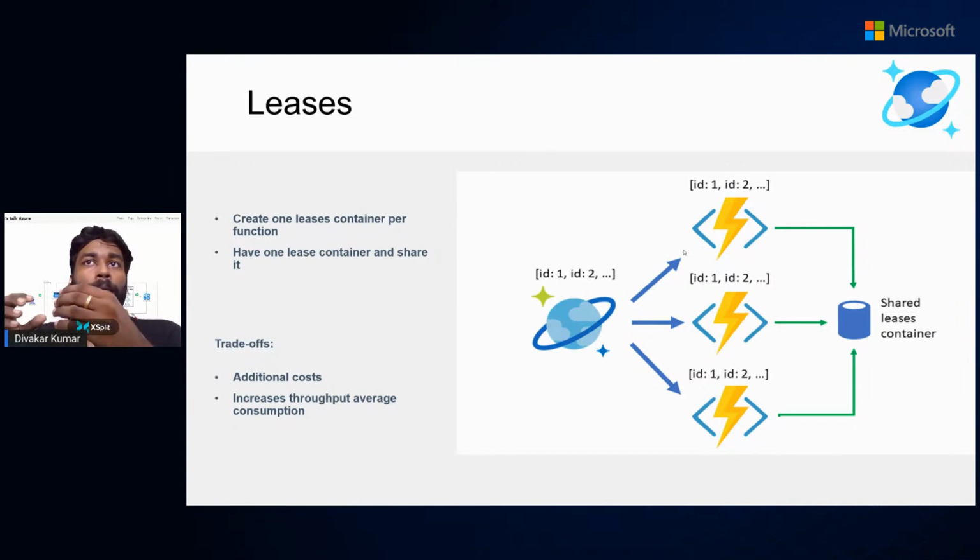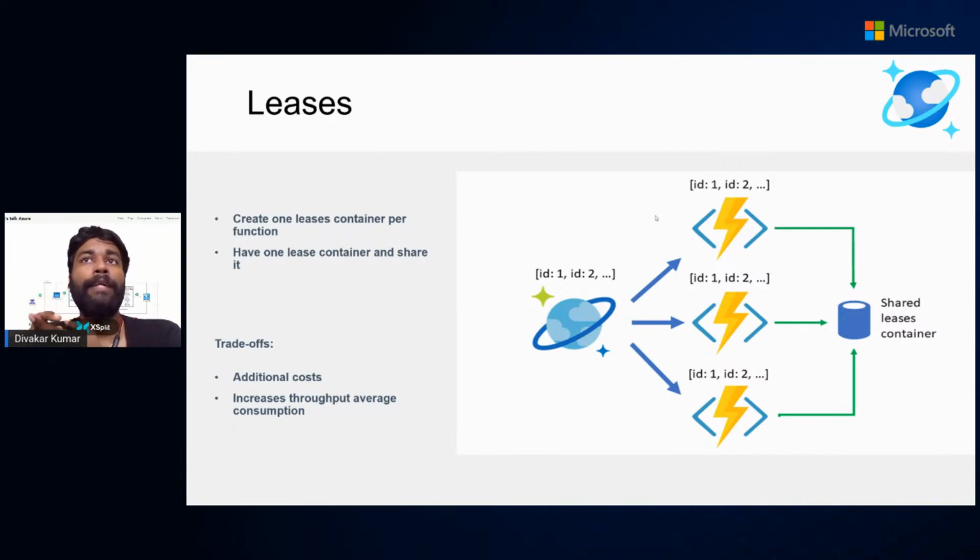Whenever a particular Azure function fails or shuts down for some reason, the leases contain a checkpoint which allows you to go back to the exact same place once it restarts.